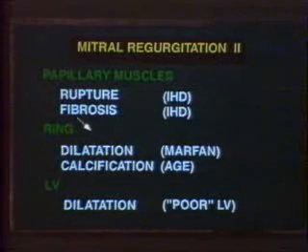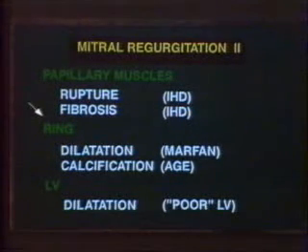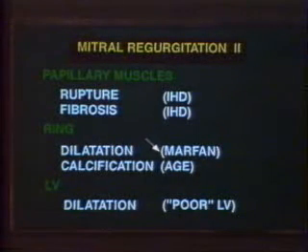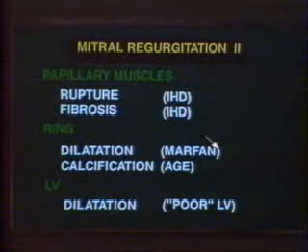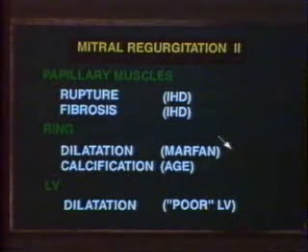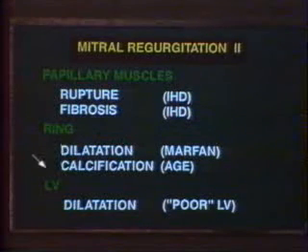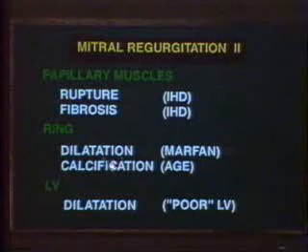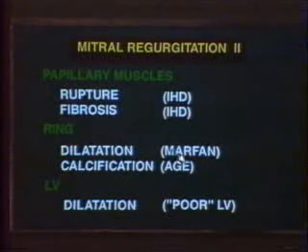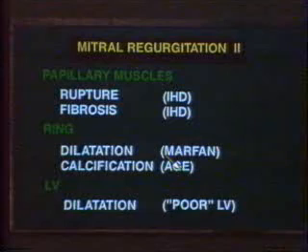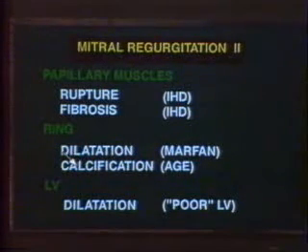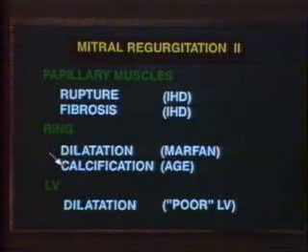If we look at the mitral ring or mitral annulus, it may be dilated, as we see in patients with Marfan syndrome, and the dilatation of the ring in itself results in mitral regurgitation. Or we can have calcification of the mitral ring, which is seen in populations over the age of 65. And it's a very typical finding in elderly people.